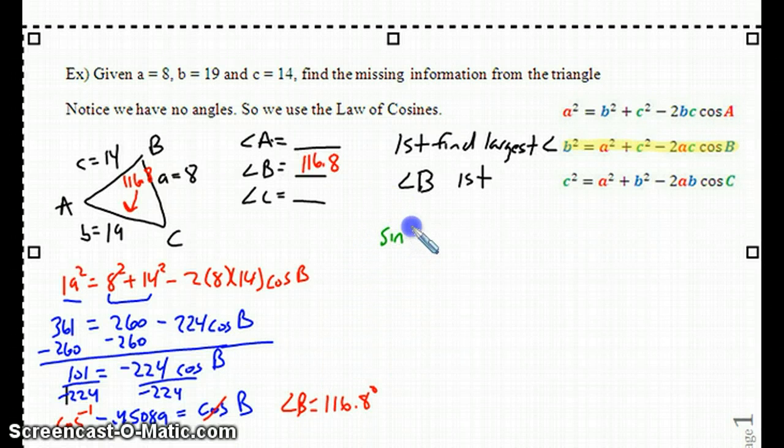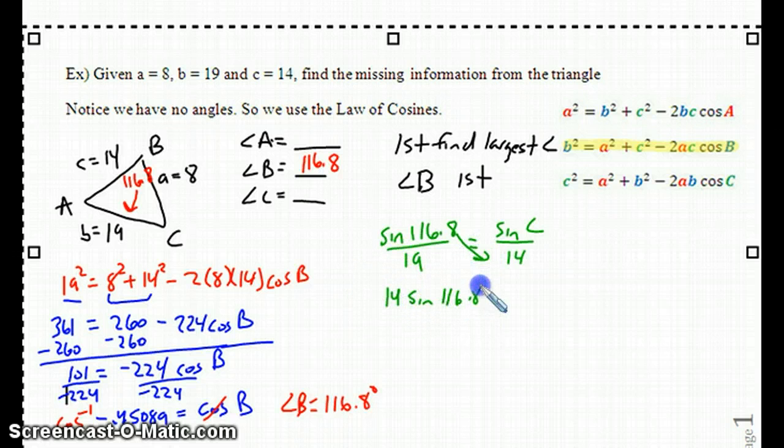So I'm going to say the sine of 116.8 over 19. And I'll find, let's see, C should be my second biggest angle. I'll find that one next. The sine of C over 14. So cross multiply, and we would end up dividing by 19.